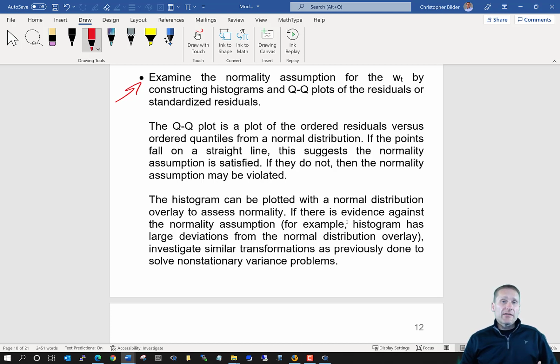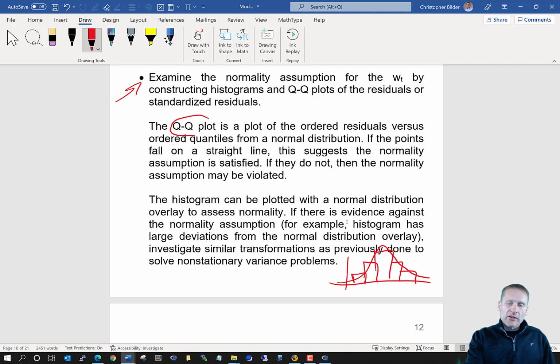The usual method that people use to check normality, I expect all of you have used, is simply a histogram. If our histogram of the standardized residuals looks something like this, mound shaped, symmetric, you could even plot a normal distribution on top of it. If that looks nice, okay, there's not sufficient evidence against normality for me to be worried.